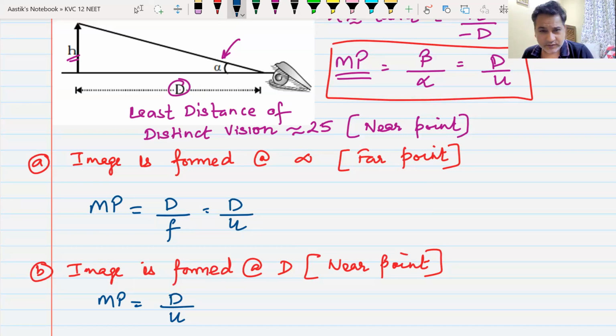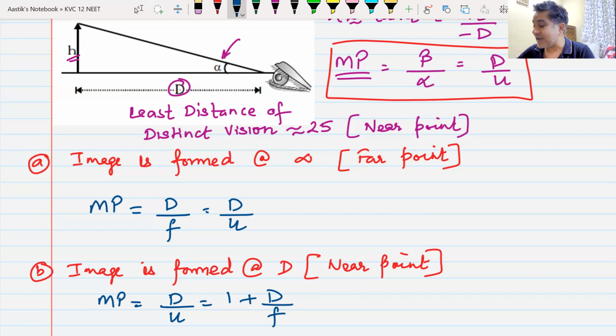The lens formula is 1 by v minus 1 by u is equal to 1 by f. In place of v, I put minus d and then find the value of d by u. I'm not going to do all of that. I'm just going to write what the value of d by u will come as, and that will come as 1 plus d by f. So that will be the formula if the image is formed at the least distance of distinct vision.